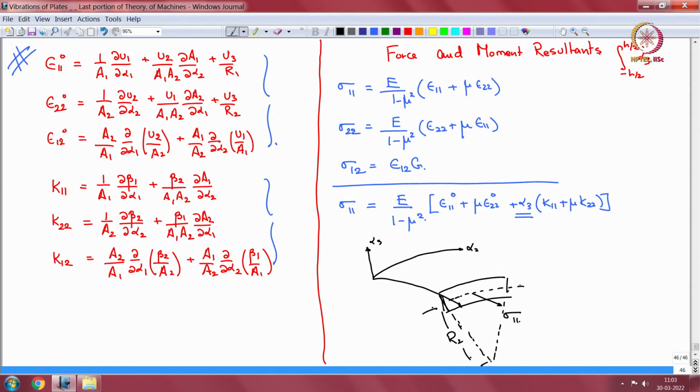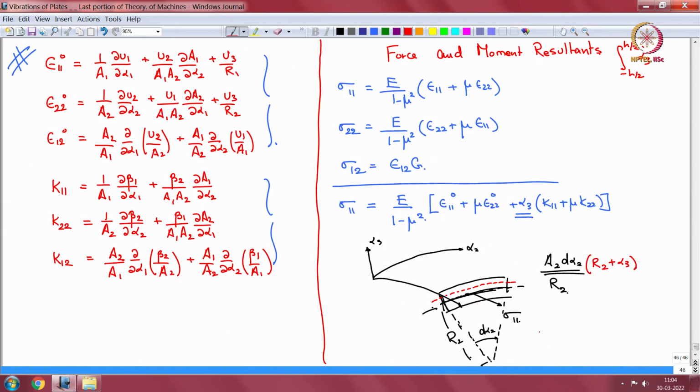Okay, so this element length is A2 d alpha 2. You should know that now. D alpha 2 is the coordinate change, A2 d alpha 2 makes it a length. So, that length divided by R2, okay, gives me an angle. And now if I want a location away from the mid surface, then that length is R2 plus alpha 3.